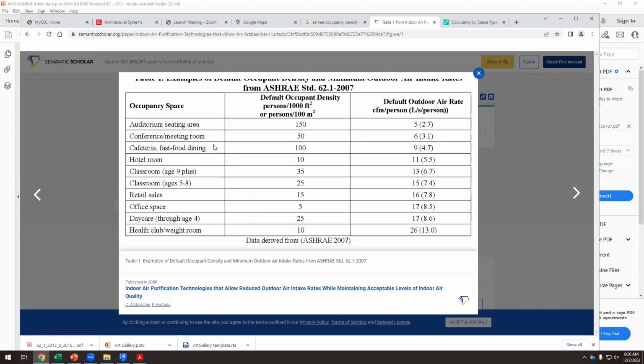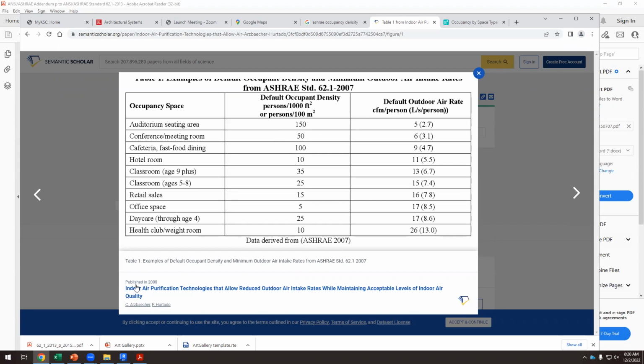Okay. So here we have auditorium, conference meeting rooms, cafeterias, and this is the density of persons per 1,000 square feet. Okay, so in an auditorium, we don't have an auditorium, meeting room, office space. Okay. So these are the things that we have here.